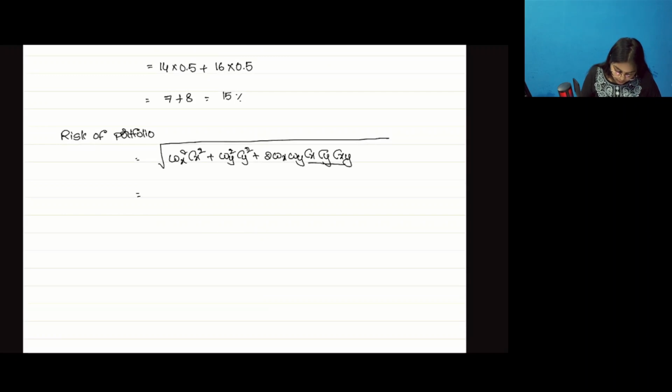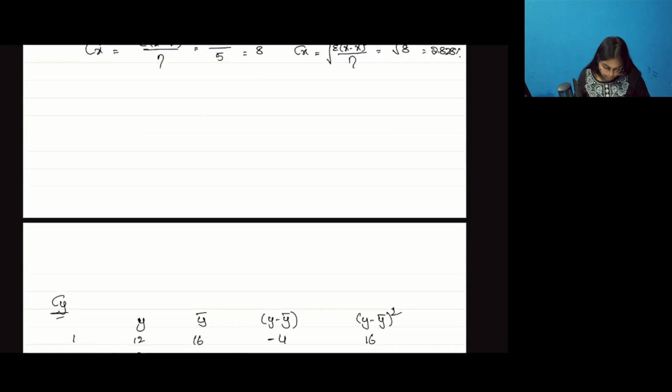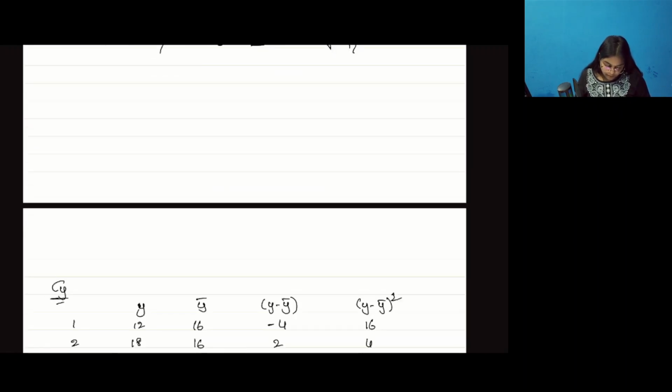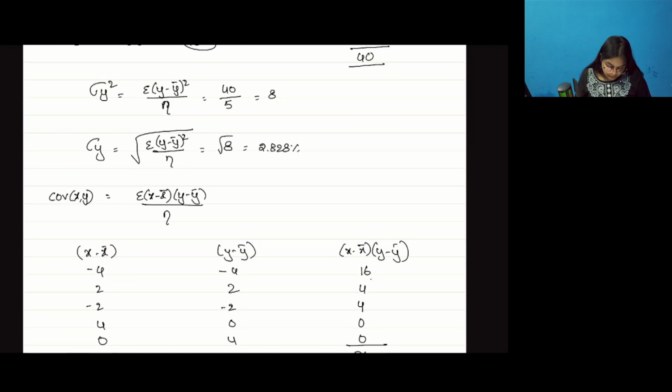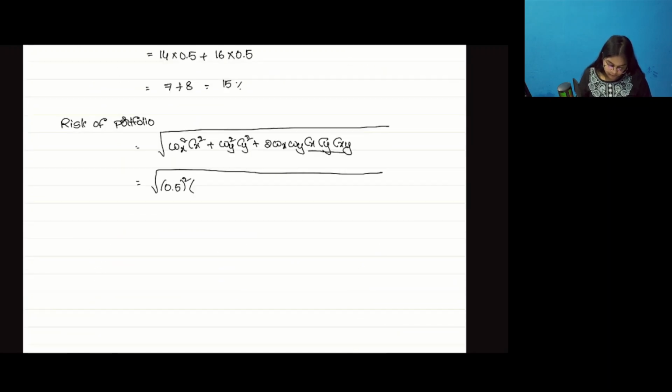So square root of 0.5 whole square into sigma x square, that is 8. Sigma y square is also 8.